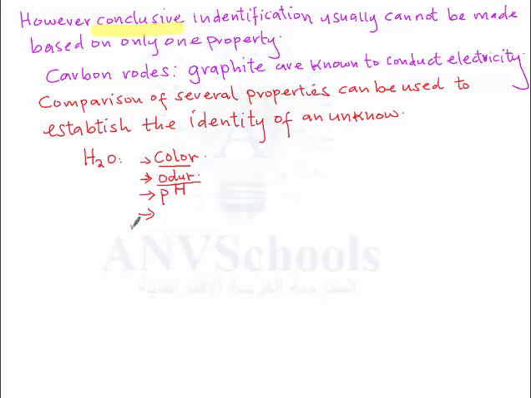And lastly, boiling point. So if it boils at 100 degrees Celsius, it does not have odor, it has a pH of 7 and it is colorless, then we can conclusively conclude that it is water.